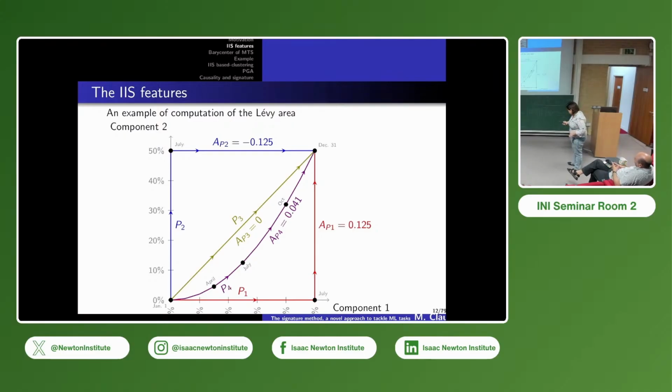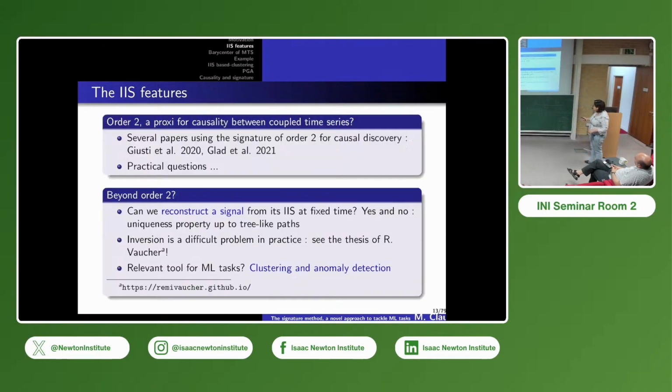But some people have used the signature of order 2 for causal discovery as a proxy, because it is easy to compute. It is an integral, and you can perform a non-parametric test.